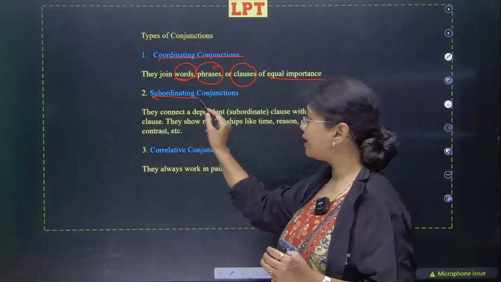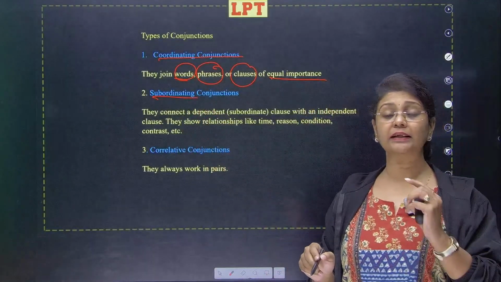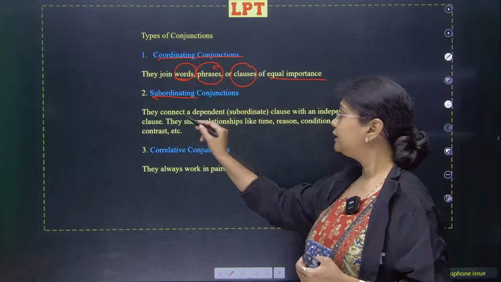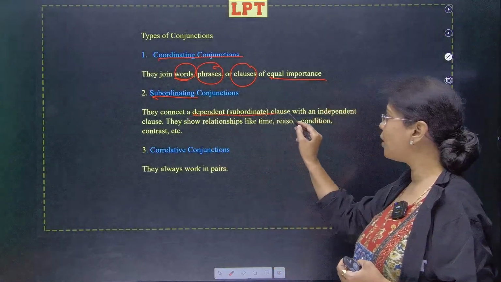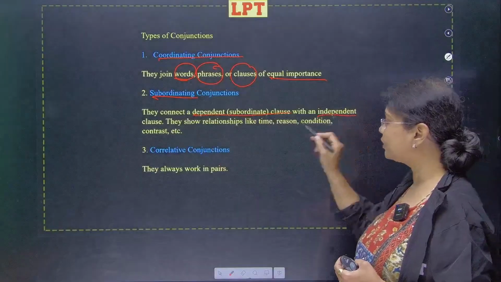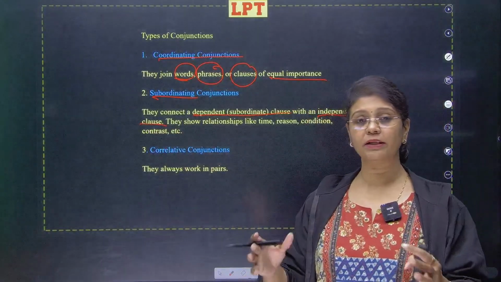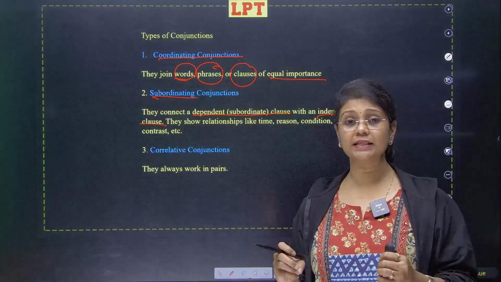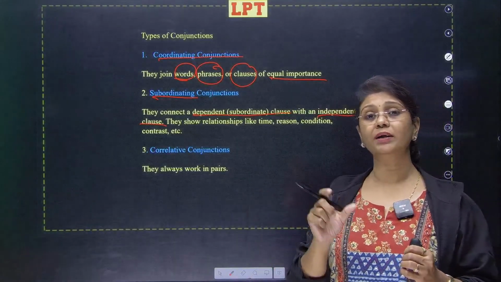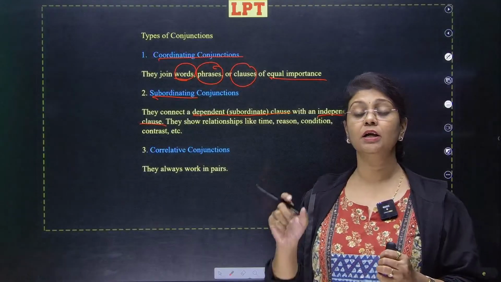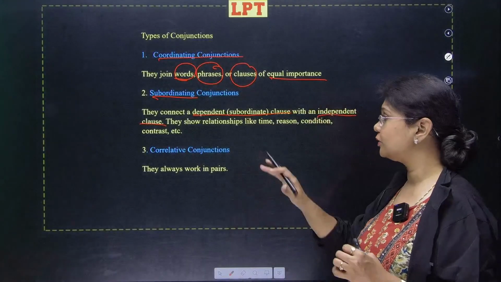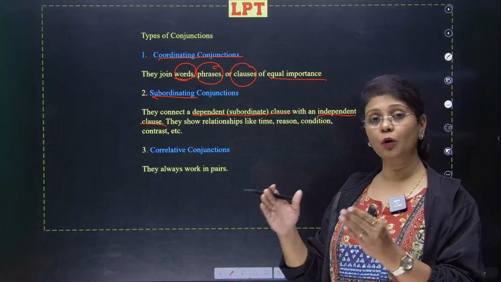Then of course you have subordinating conjunctions, that is one more major type. They connect a dependent subordinate clause with an independent clause. You don't really have to understand what exactly is subordinate, what exactly is independent, but yes, your understanding of what conjunctions are is sufficient so that you are able to solve the question. So let's look at how we look at the example.